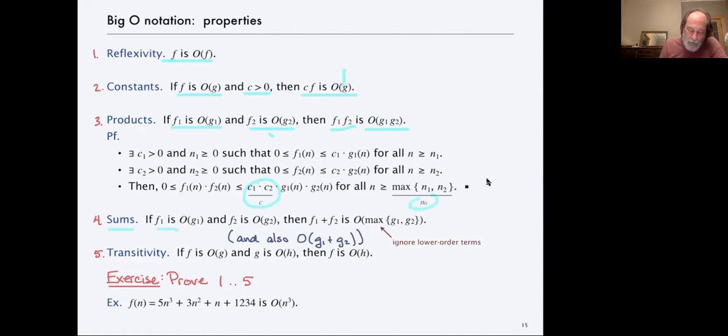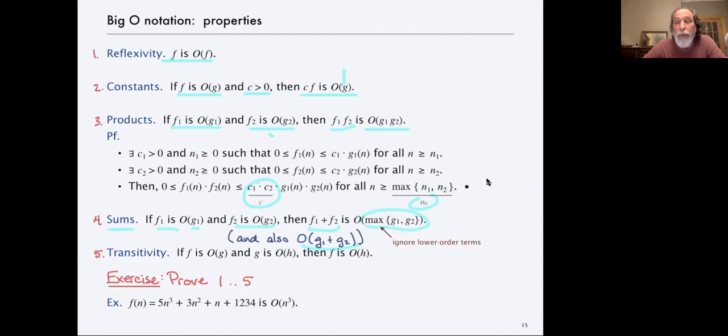Sums: if F1 is big O of G1 and F2 is big O of G2, then their sum is obviously big O of the sum of the G1s and G2s, but this is a little more convenient. It's big O of the max, and that often is convenient for throwing away low order terms quickly.